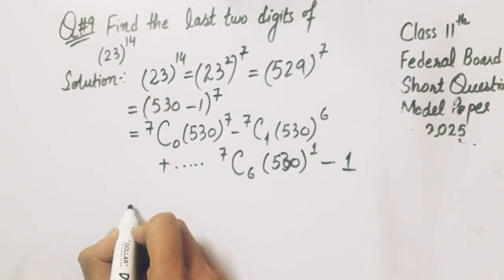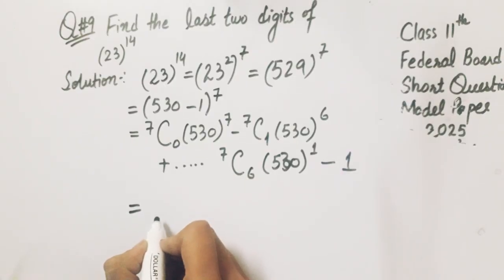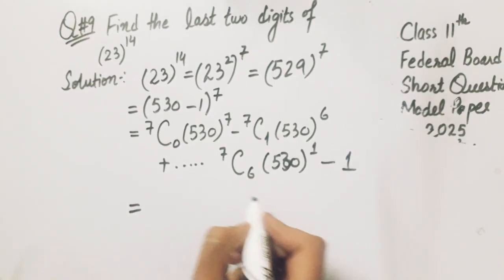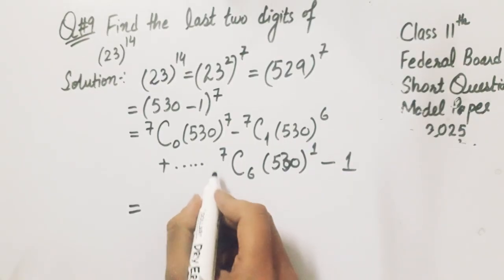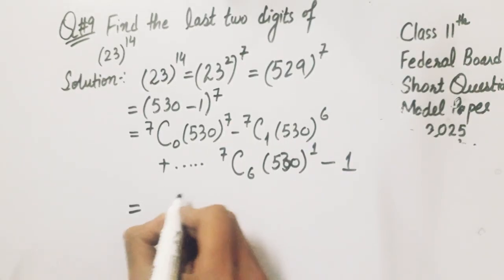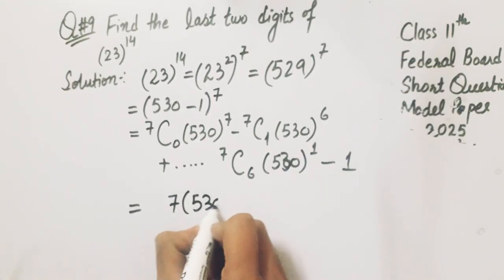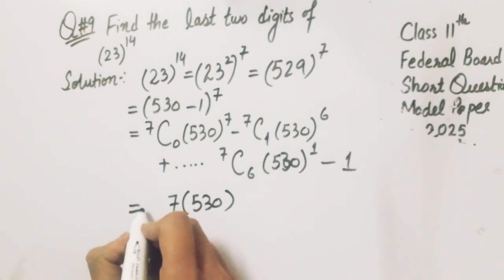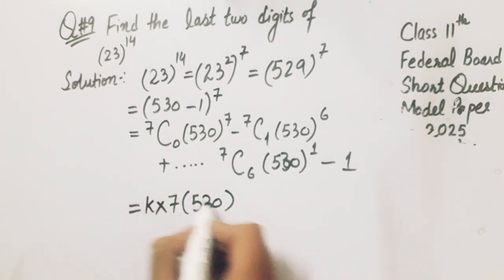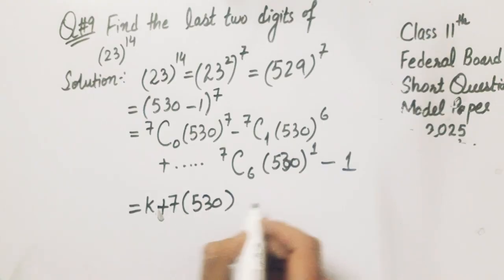By solving this, we just have to find the value of the last two digits. So we will take 7C6 multiplied by 530, and the rest of the expression can be written as a multiple of some constant, consider this as k plus.